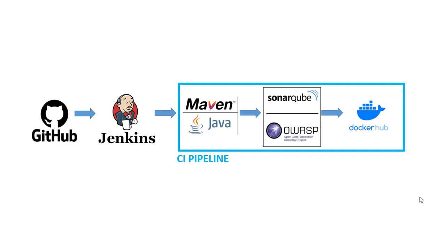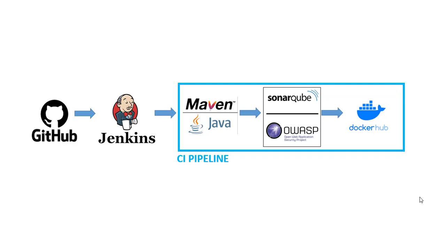Now after this, we will use Maven and Java to build and compile the code. Then we will use OWASP for the dependency check, and we will use SonarQube to analyze the code for bug checking.